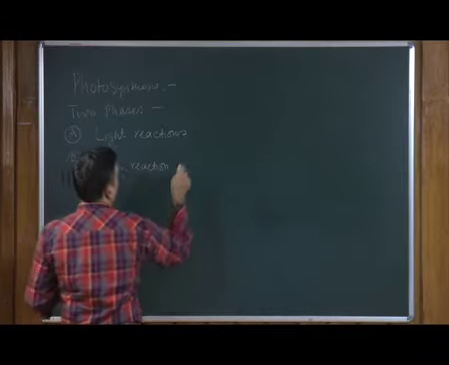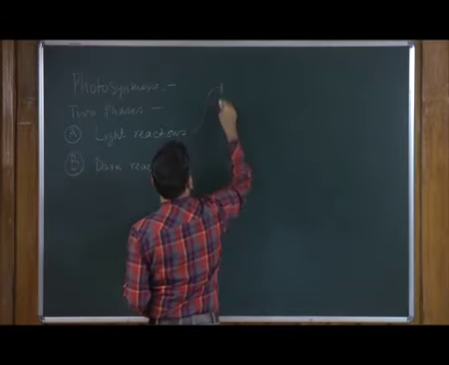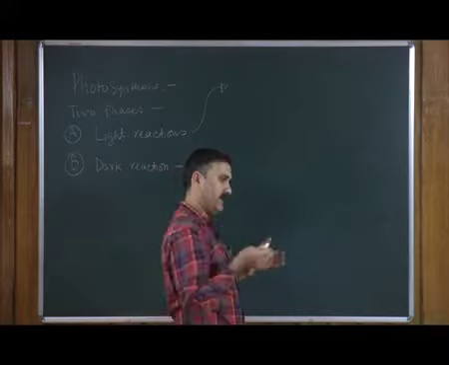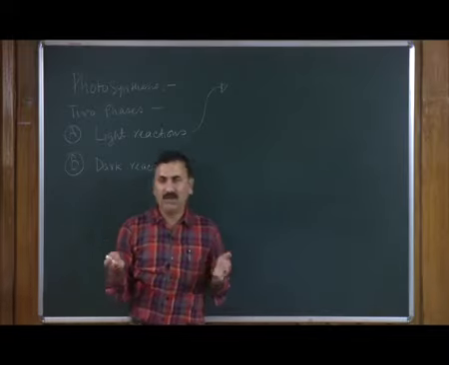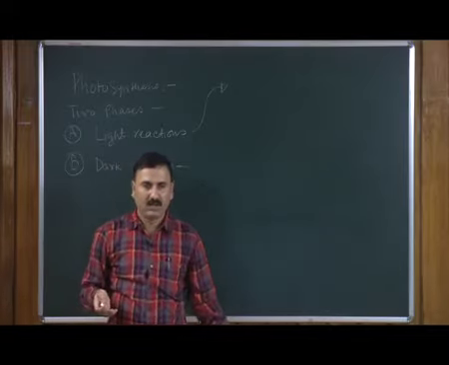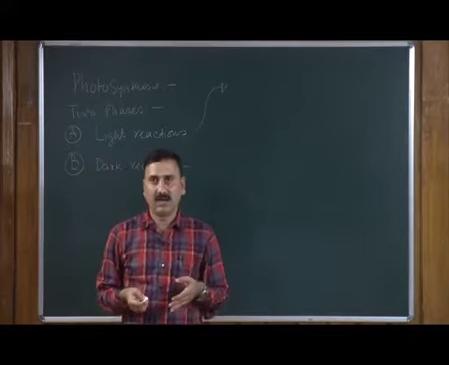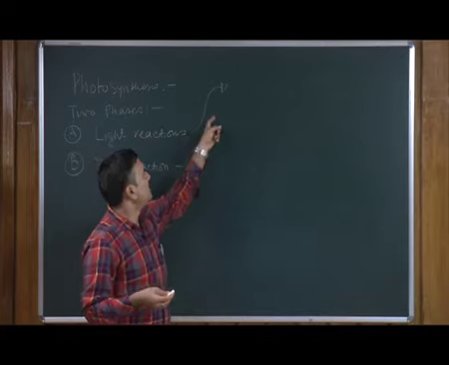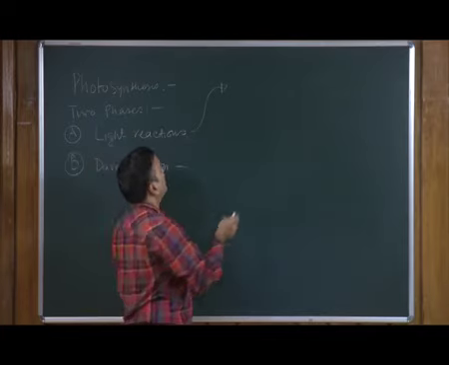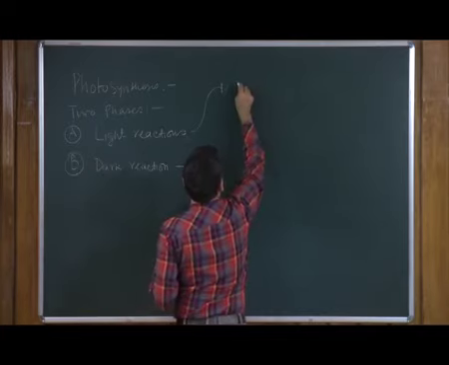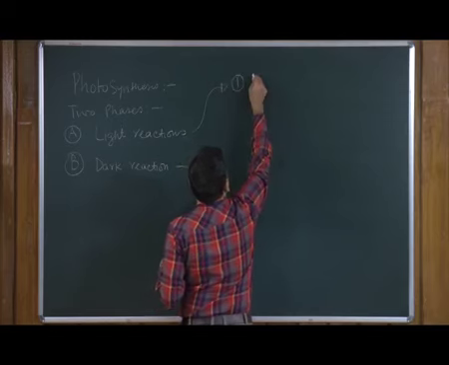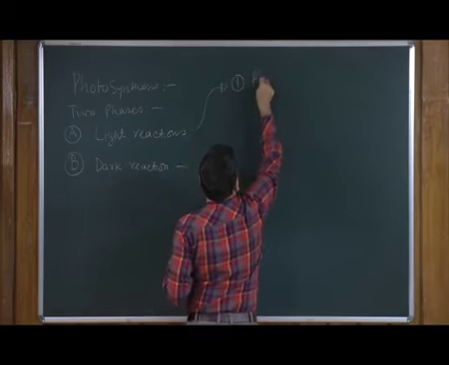Within the light reactions we have different steps, and we have already discussed what is happening within the light reactions. In the light reaction, what is happening? We have the photolysis of water.